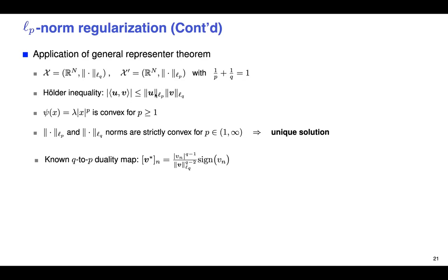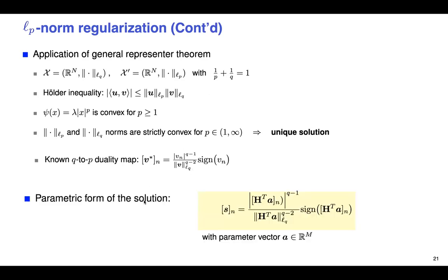Then we have the Hölder inequality. Those norms are strictly convex if you are between 1 and infinity, not included. And then you have a unique solution. And then actually the duality map is also known, and it's given by this expression here. And that means that we have a parametric form of the solution.